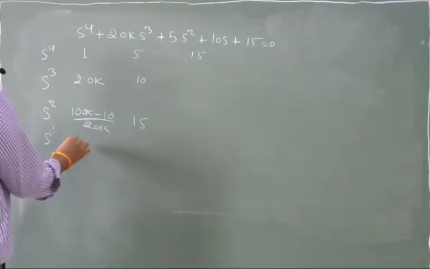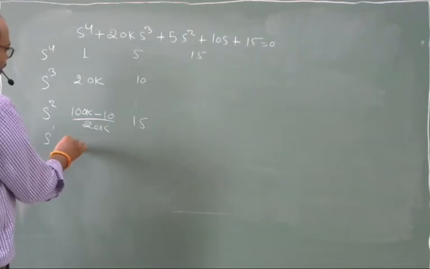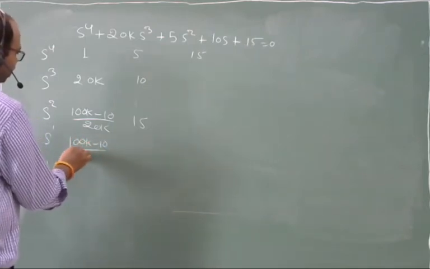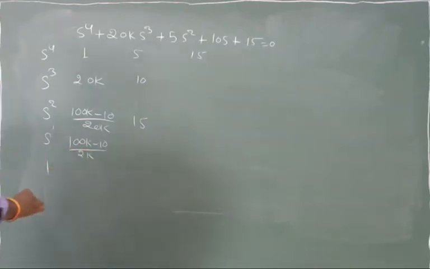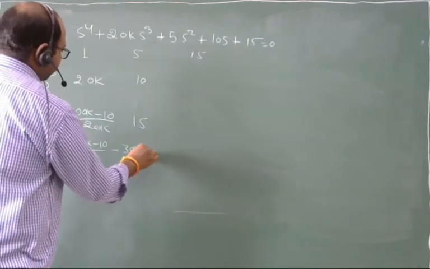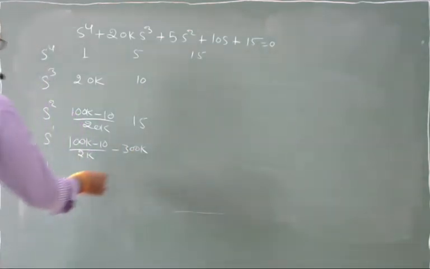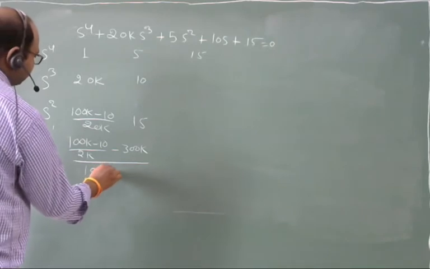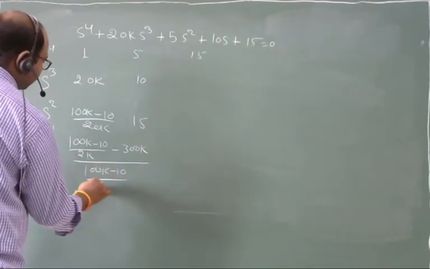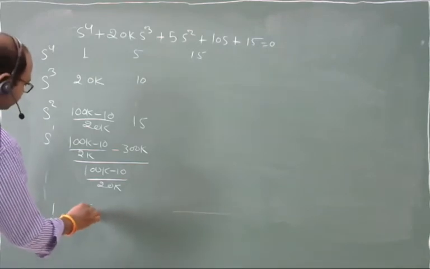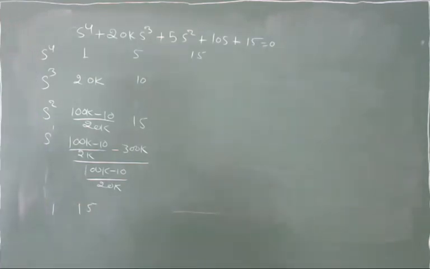Here the value will be 100K minus 10 by 2K minus 300K divided by 100K minus 10 divided by 20K, and here the value is 15, right?